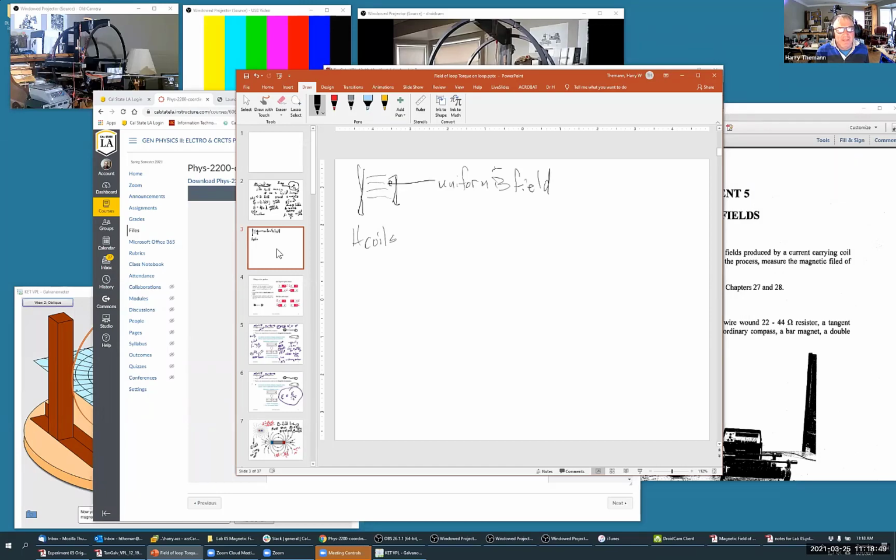Even if I have that mega powerful magnet with north and south and this really uniform B field, there's no net translational force. I put the magnet in the middle of this uniform field, and the magnet doesn't go anywhere.